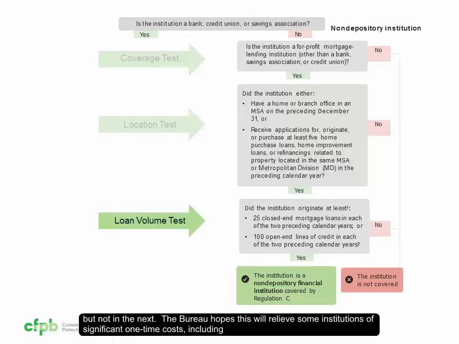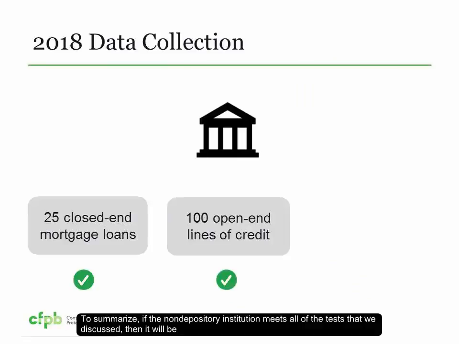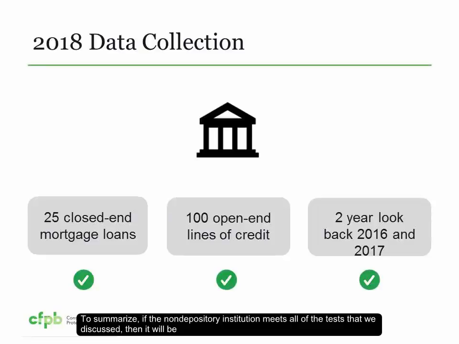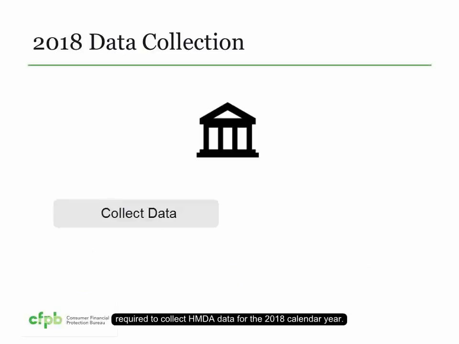The Bureau hopes this will relieve some institutions of significant one-time costs, including staff training and information technology changes related to first-time HMDA reporting. To summarize, if the non-depository institution meets all of the tests that we discussed, then it will be required to collect HMDA data for the 2018 calendar year.